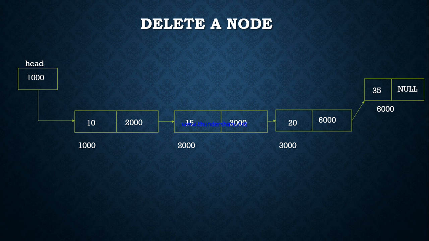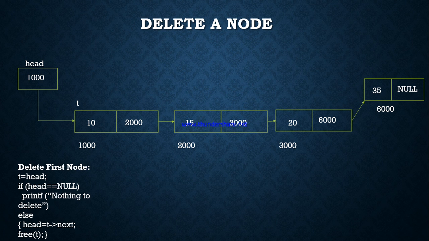This is our linked list. Now I want to delete a node. What is the logic? Suppose I want to delete the first node. First I am taking it this way.